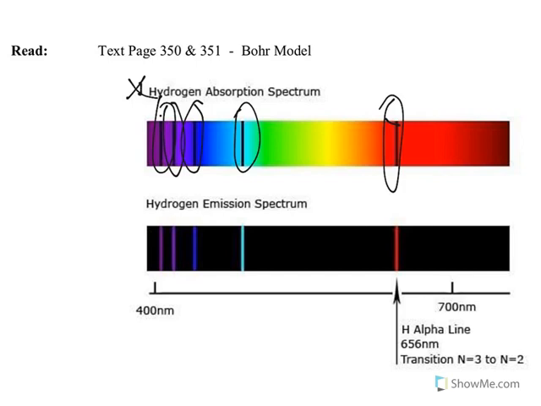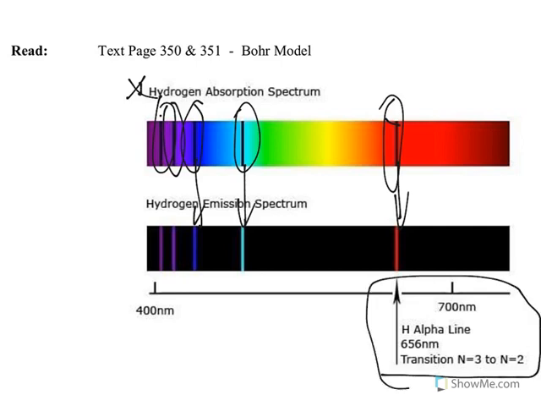The emission spectra is down below, and you can see that these line up. Just a matter of interest, not something you need to learn, that particular line there is between n equals 2 and n equals 3, so the first and the second excited states.